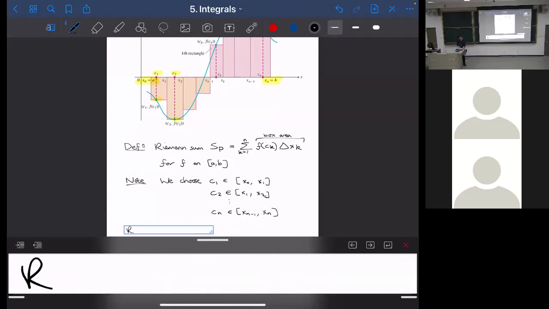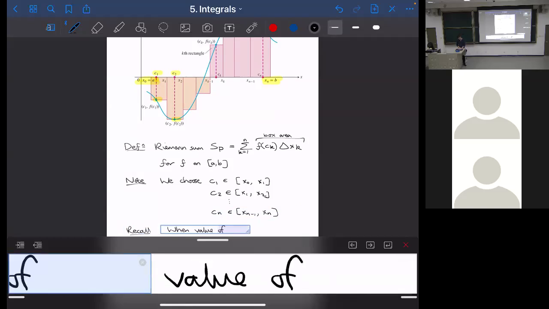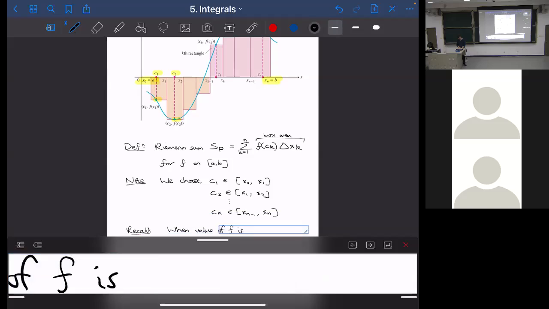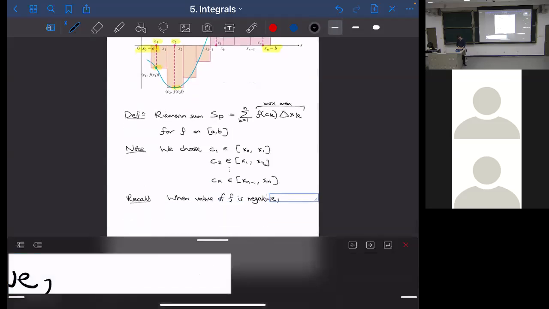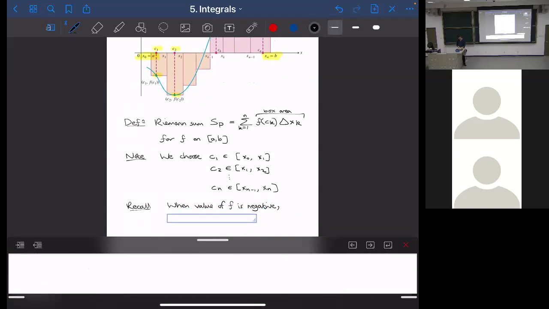So recall, we were saying last time, when the value of f is negative, the area of the box is taken to be negative also.